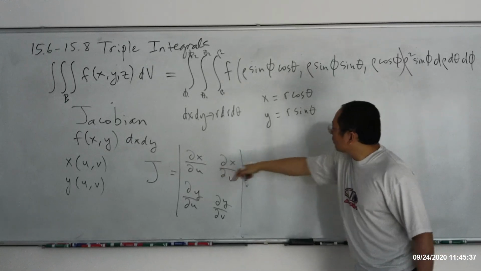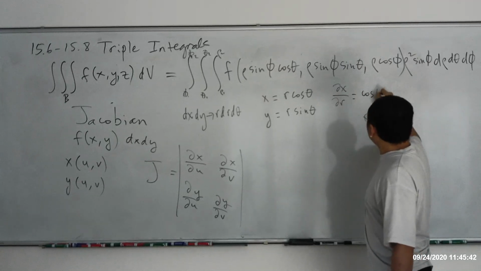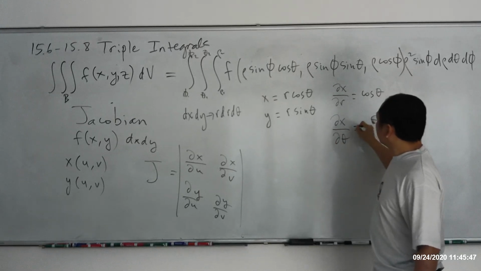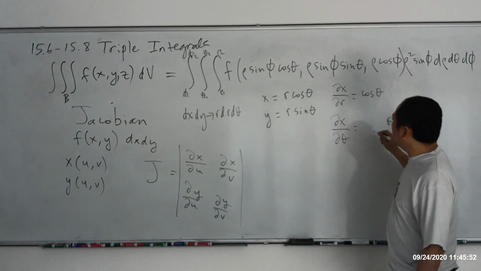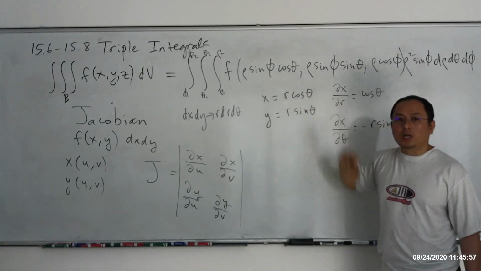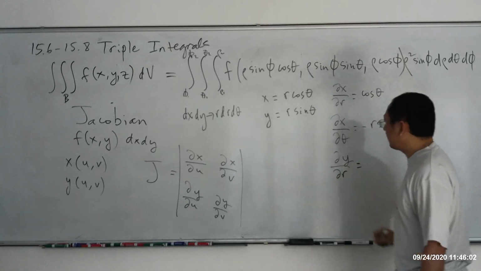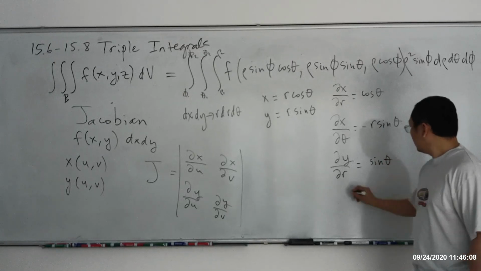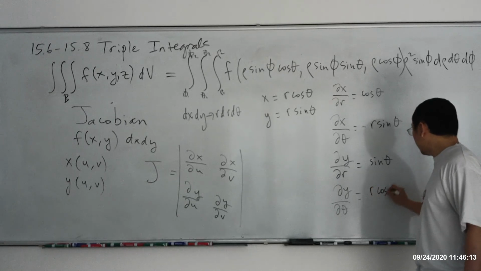First of all, we do the partial derivatives. dx over dr is cosine theta. dx over d theta is negative r sine theta, because the derivative of cosine is negative sine. Then dy over dr is sine theta, and dy over d theta is r cosine theta.